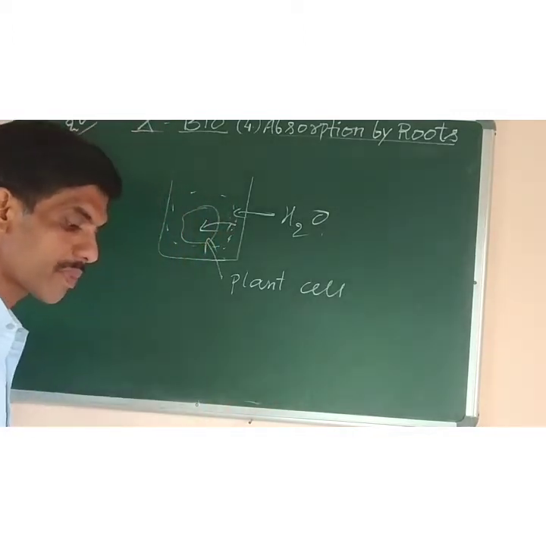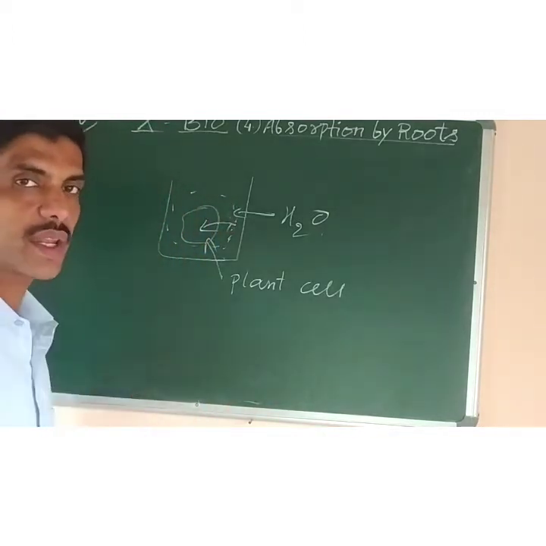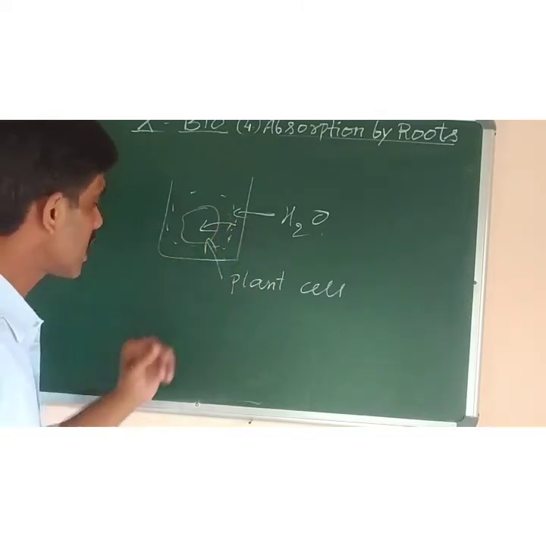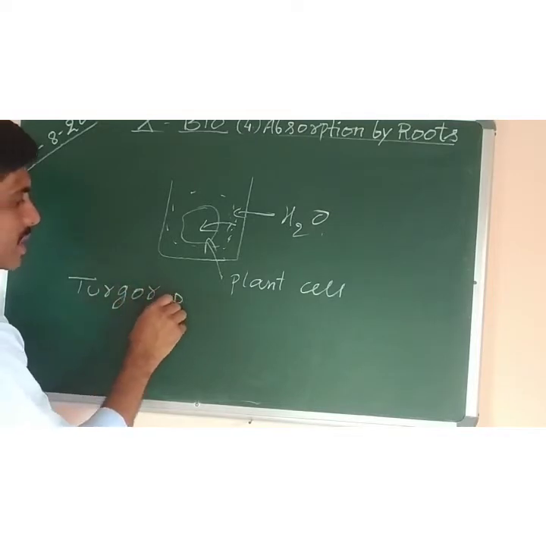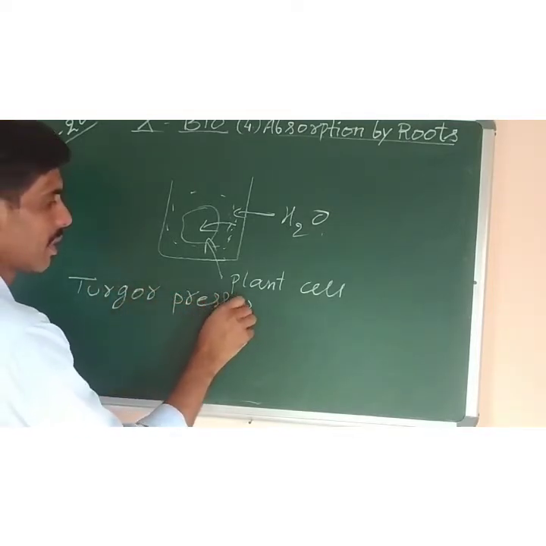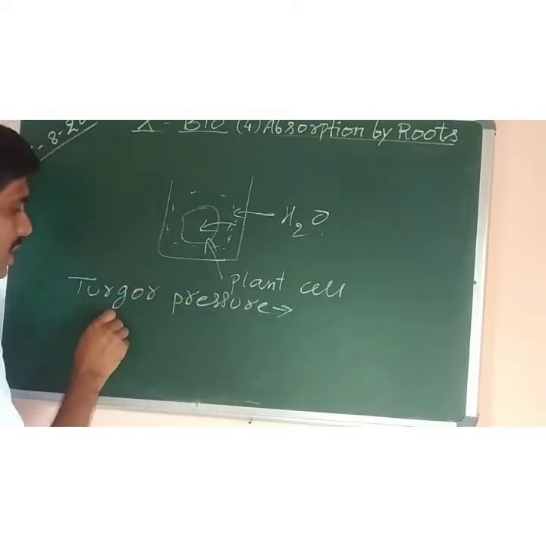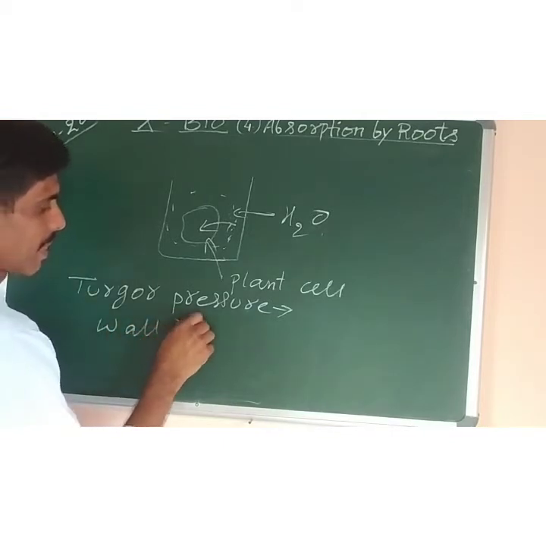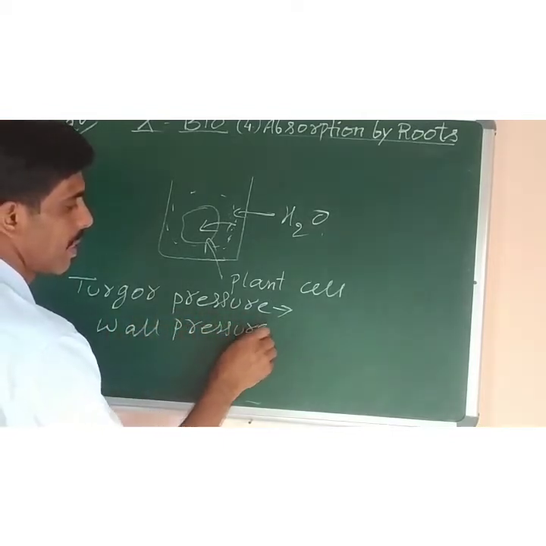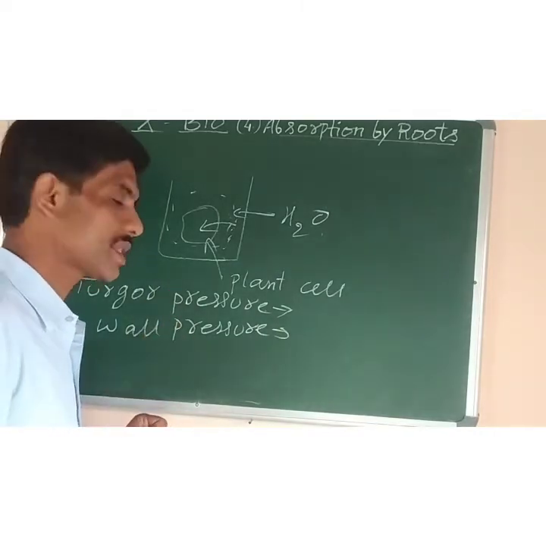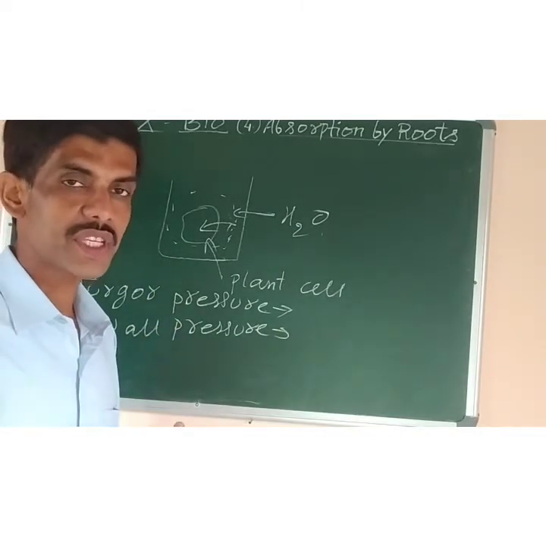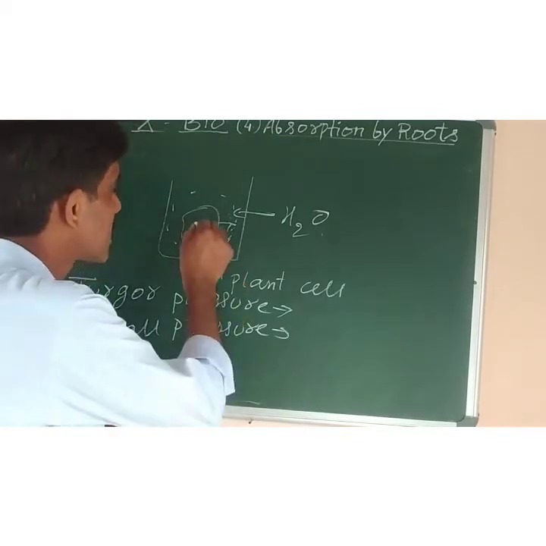Now some words are there, you must be careful about them. What is turgid pressure? Two words I will say: turgid pressure, and the second one is wall pressure. What is turgid pressure first? Turgid pressure means the pressure which is applied by the cell contents.